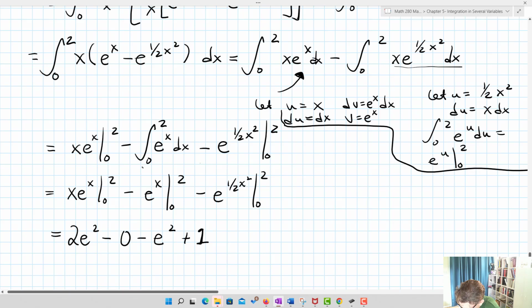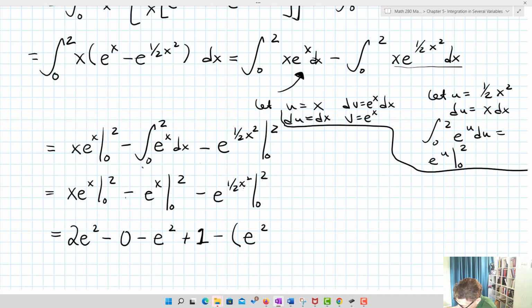Yep, minus e squared plus 1 because we've got the negative, and then minus, just to keep my thing straight, we'll plug in 2 squared, that's 4 divided by 2, so it's going to be minus e squared, minus 1.